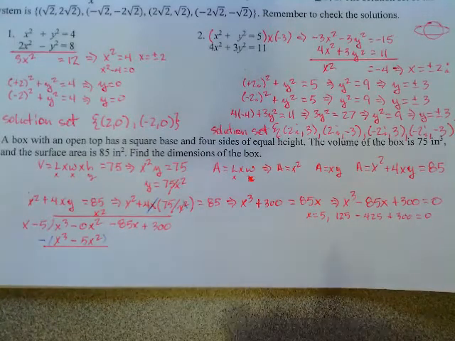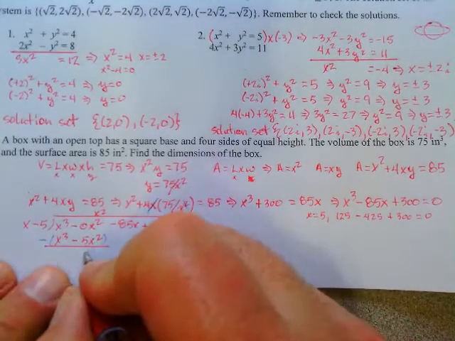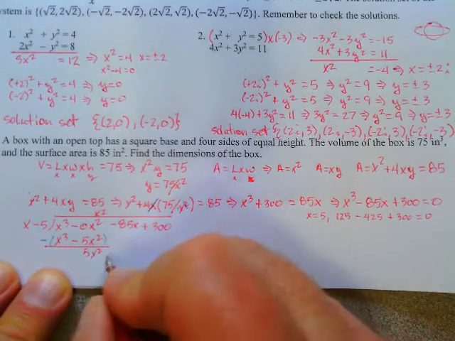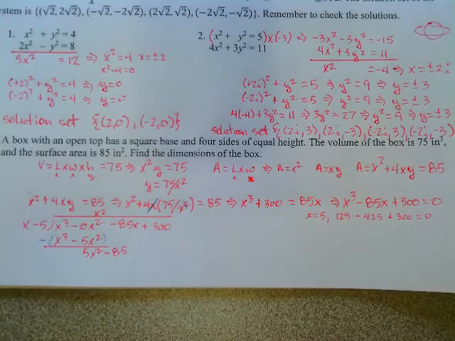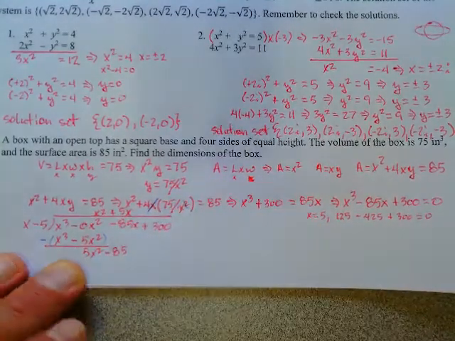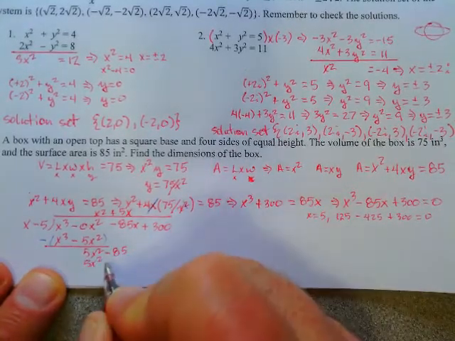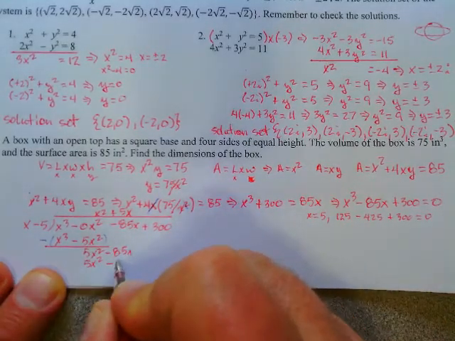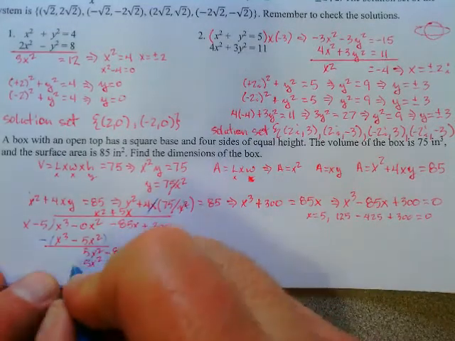The x cubes will go away, and I'll be left with negative 5x squared, and then bring down the 85x there. And so now I need a 5x. And so I would have 5x squared, and then subtract 5 times 5, that's 25x. And again, we're going to do the long division.